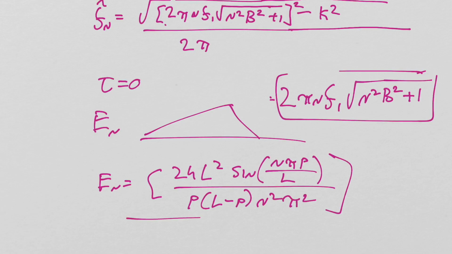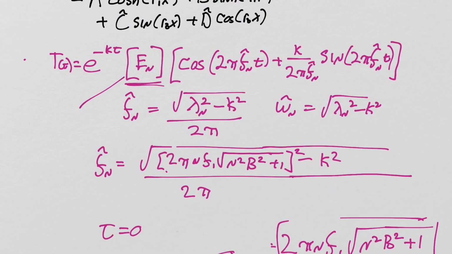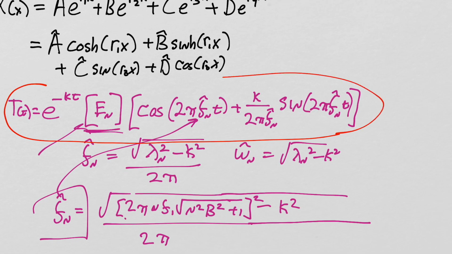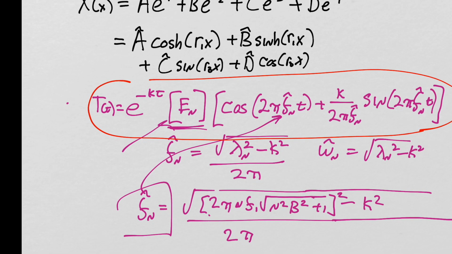So this substituted in here, this substituted in there, and then you take the resulting expression, this whole thing, and you multiply it by that, and that is the final answer for u of x and t.